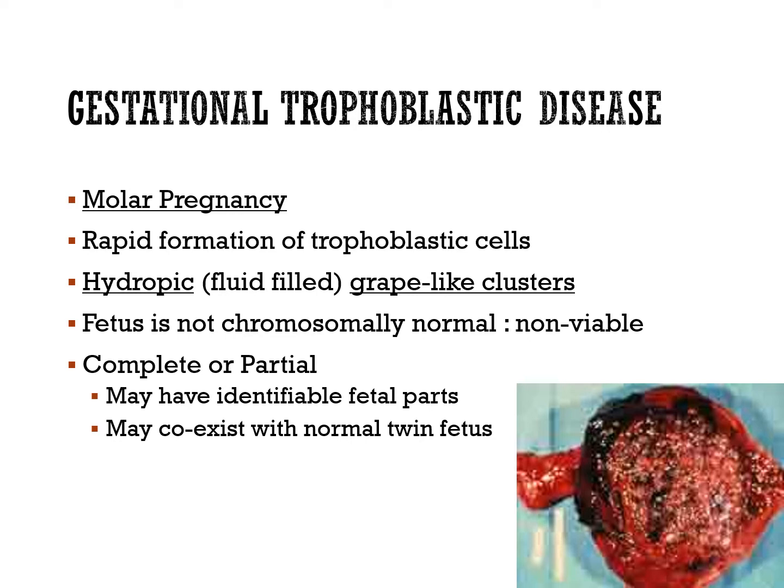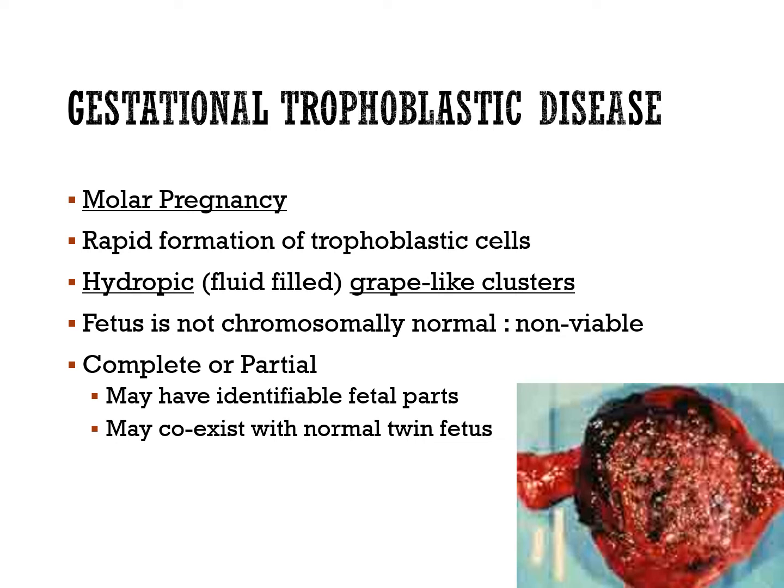There's rapid formation of the trophoblastic cells. So the placenta has hydropic, grape-like clusters that form, and they're fluid filled, and so there's no viable fetus there. Hydatidiform mole is what it's also called, or molar pregnancy.